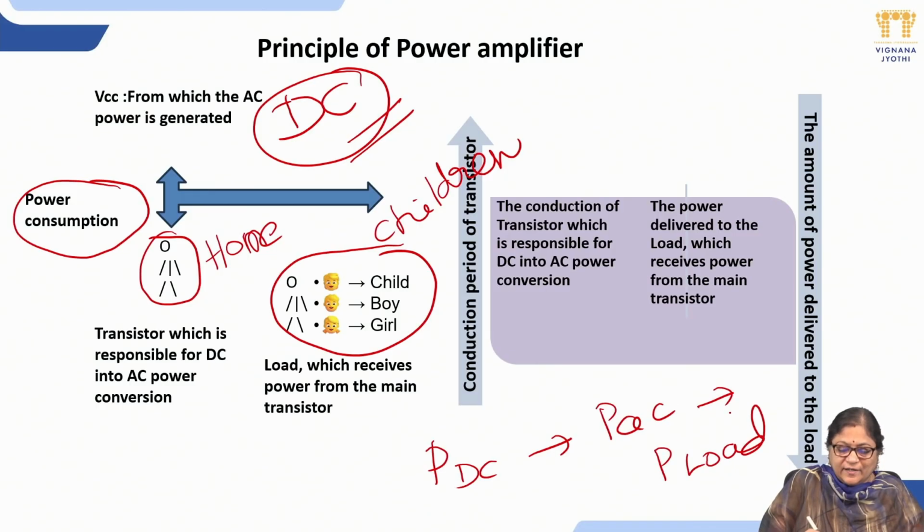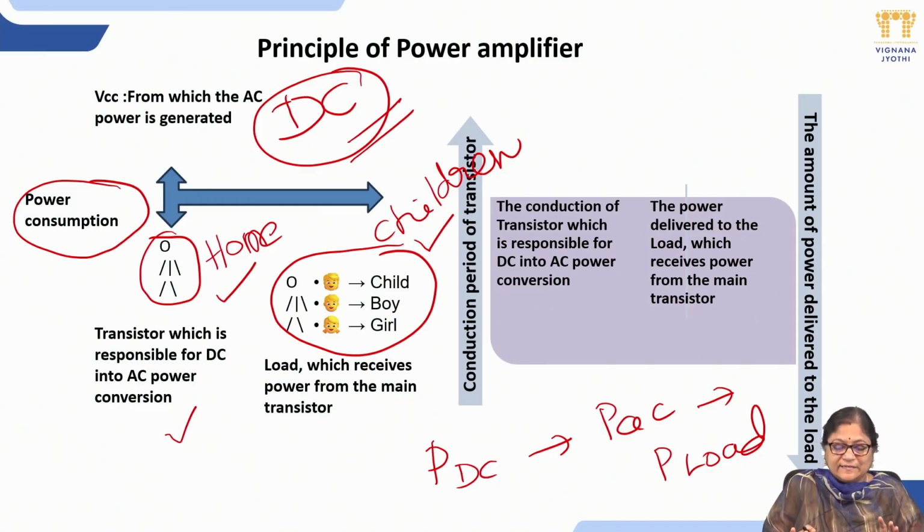The main power should be divided into 2 parts: the power consumed by the basic transistor, and the remaining power delivered to the children, or to the load. If the main operating transistor itself consumes more power, then the remaining power delivered to the load will be less.